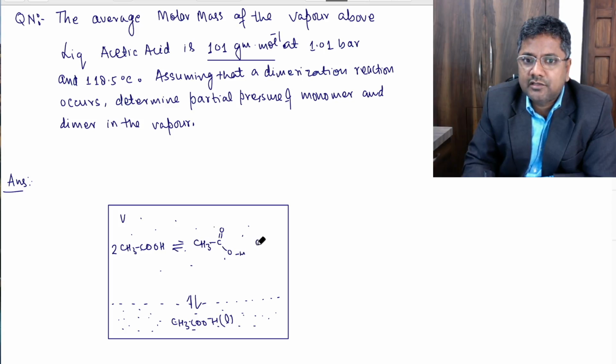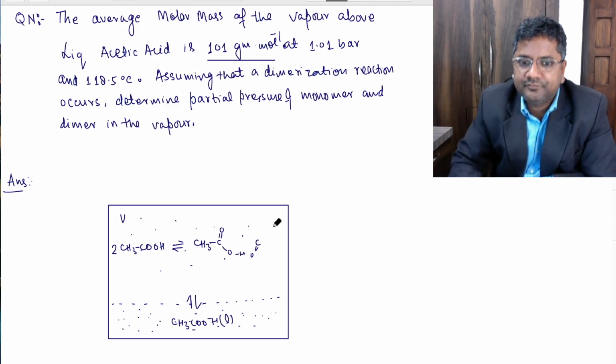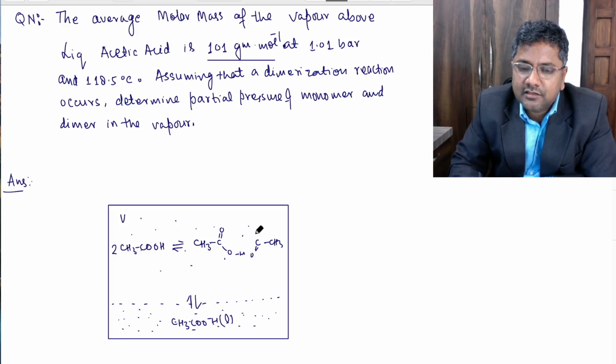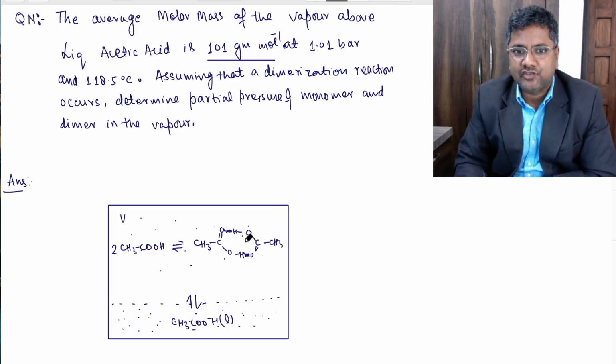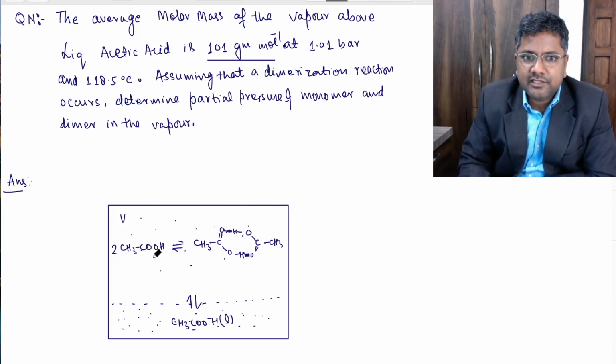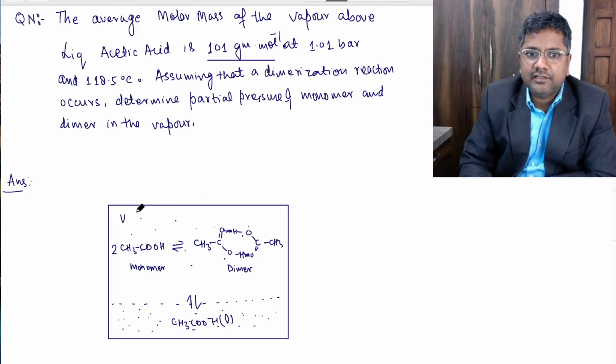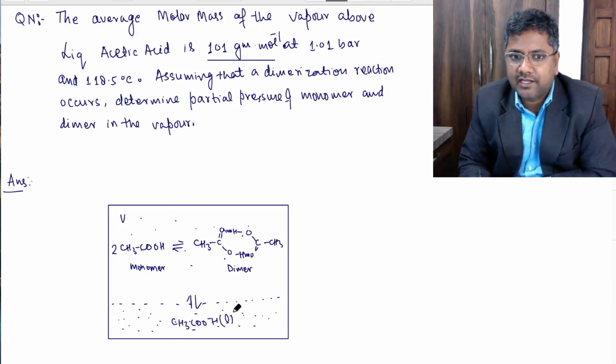So this is a dimerization reaction. This is the monomer, and this is the dimer. This average molar mass is given for the vapor phase, not for the liquid phase.